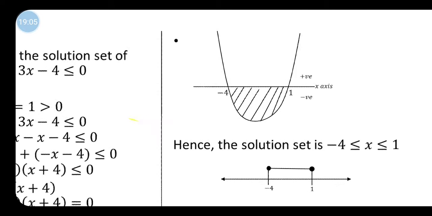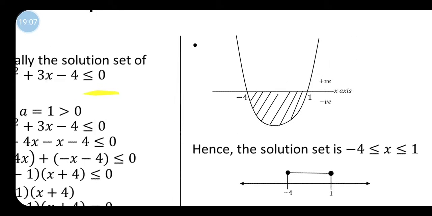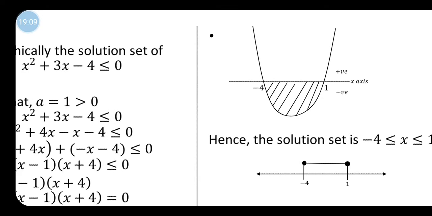the relation says find the region where it is less than 0. So before -4, the graph is positive. After 1, the graph is positive, because the part of the graph is above what? The x-axis. Now, between -4 and 1, the graph is below the x-axis, meaning what?